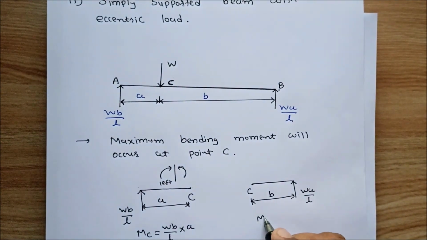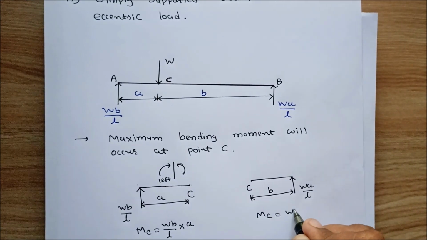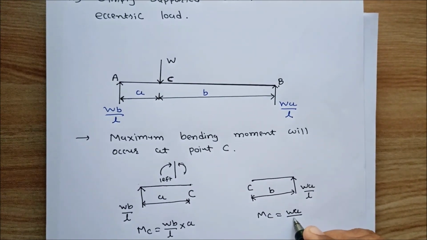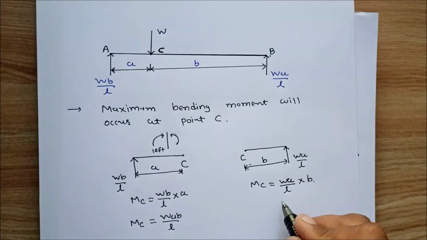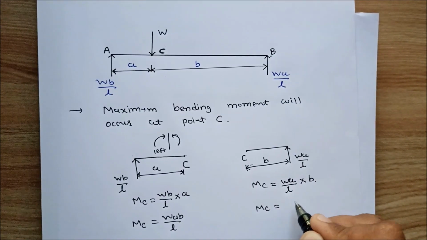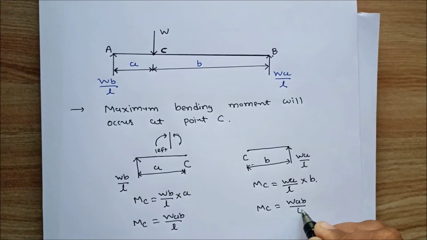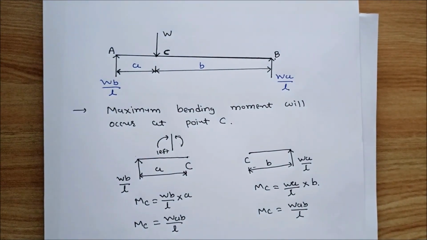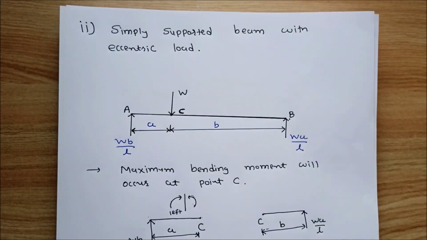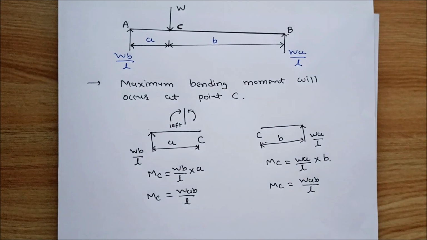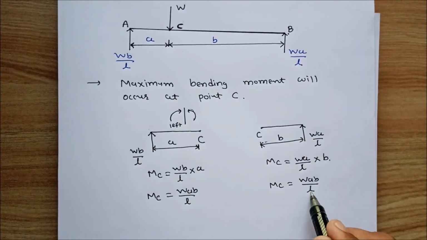So bending moment at C, that is force multiply perpendicular distance. So WA by L multiply B. So here bending moment at C, again we get WAB by L. So in this way, if you take moment left side or right side, you always get same answer. So second case completed. Simply supported beam with eccentric point load, moment of resistance, or you can say maximum bending moment, that is WAB by L.